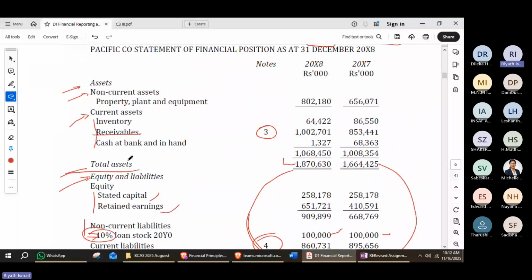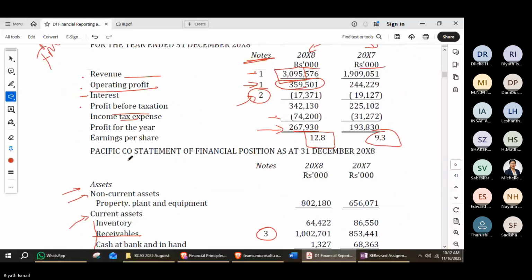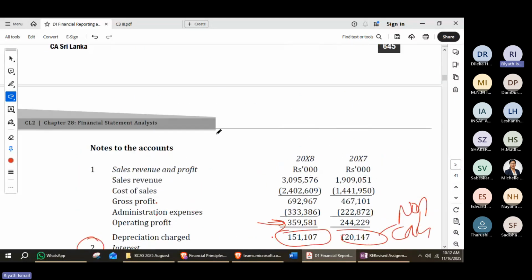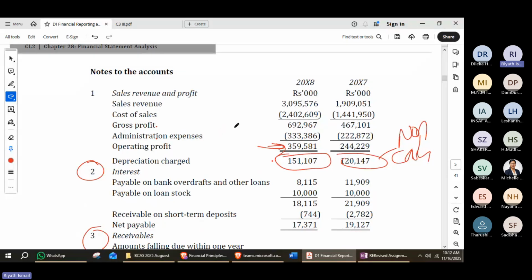Here, this is the gross profit. Here in the note you can see gross profit. How do you calculate the increase?